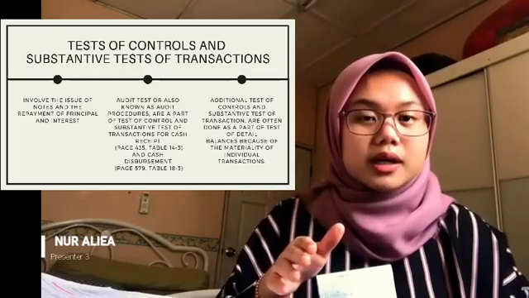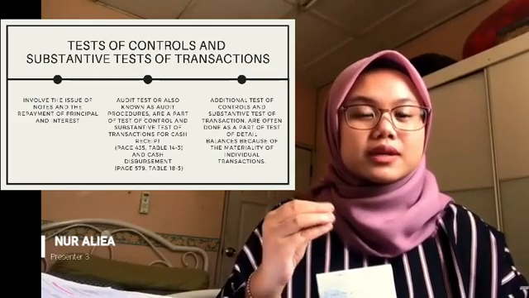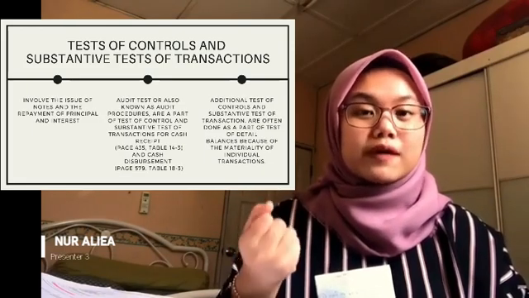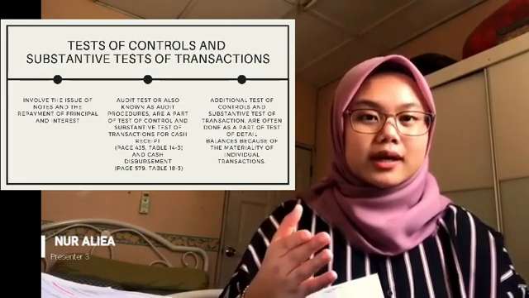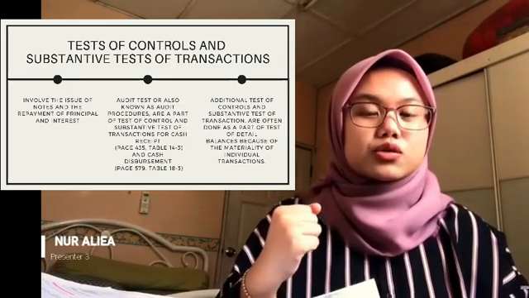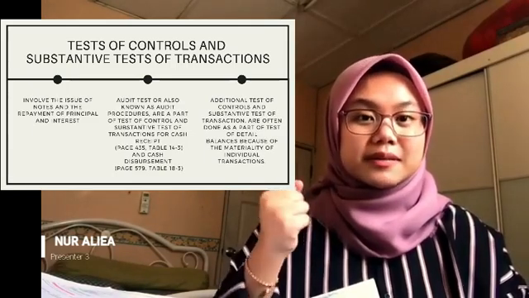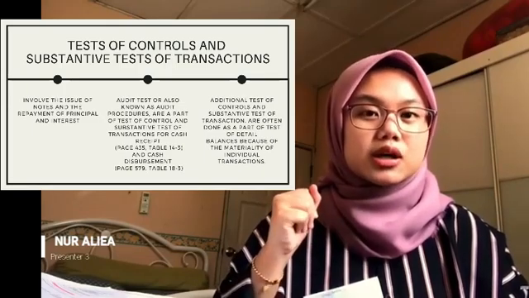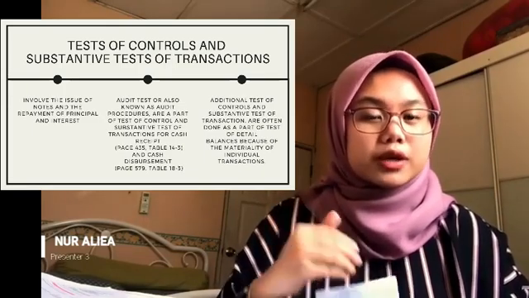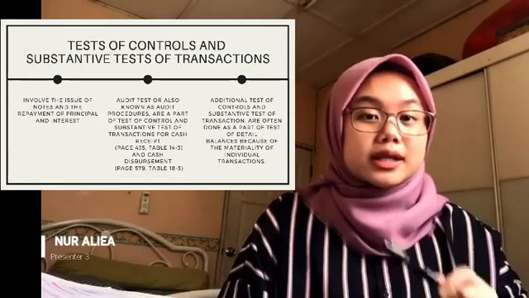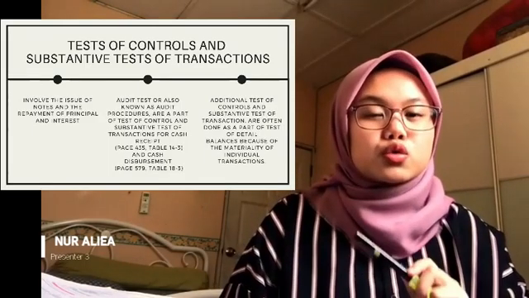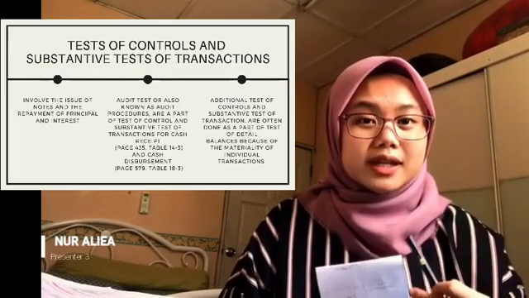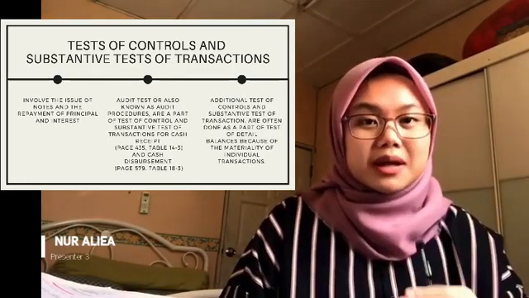However, if the results show that the control of the company is weak, the auditor needs to enhance the substantive testing, which will usually increase the cost of audit, because the auditor needs to do a lot of tests and get more evidence just to detect the material misstatement.